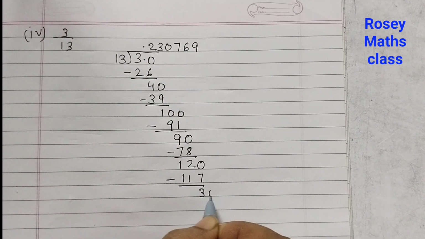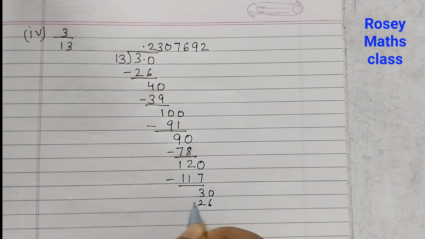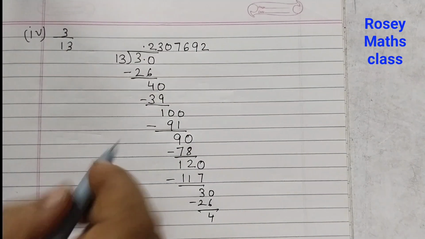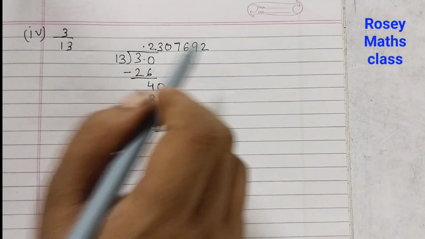Again I will take a 0. Again it will be 13 twos are 26, remainder 4. So it will go on like this. It will follow the same pattern, so we will not show that.